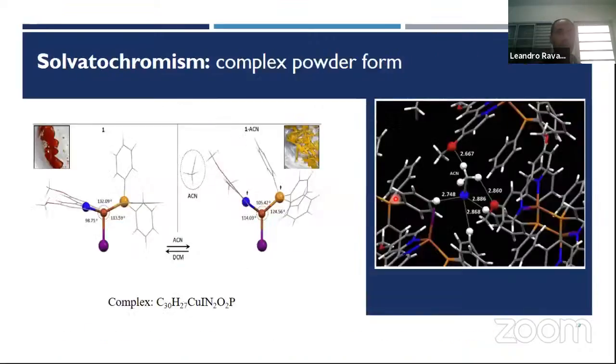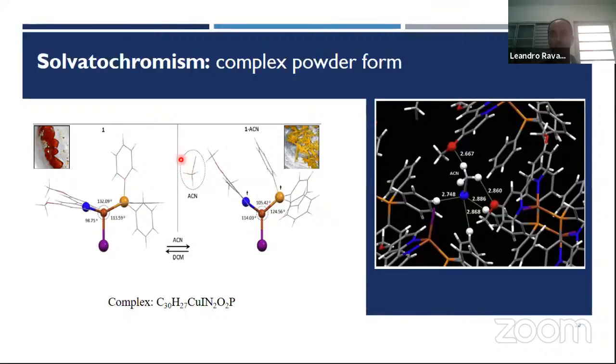This effect is also seen in the isolated complex. When exposed to the acetonitrile solvent, the complex turns yellow, and after putting another solvent here, it returned to the original orange color.